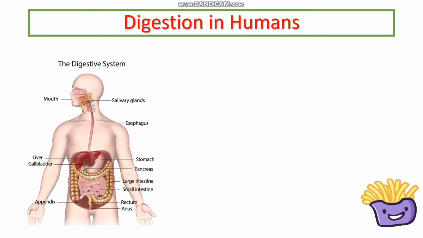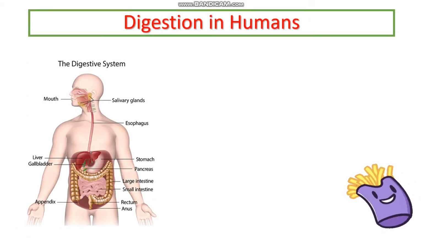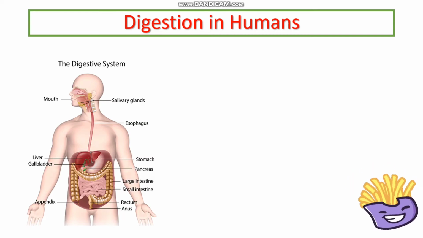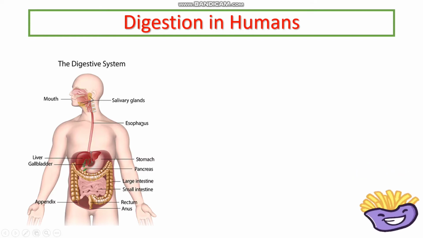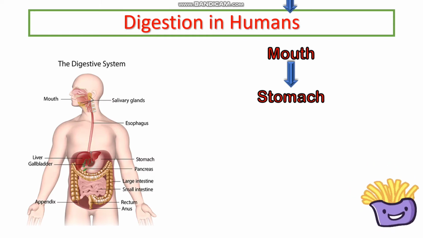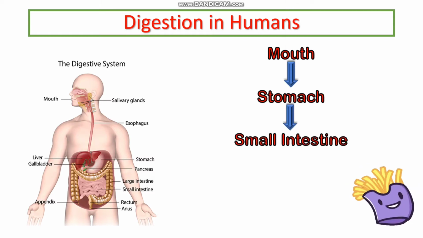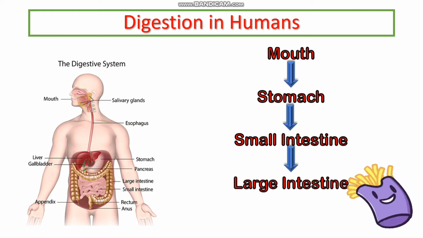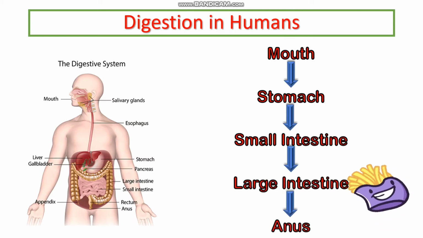First of all, this is the digestive system, and these are the parts which are involved in digestion. So what are the parts? The parts are mouth. After mouth, it goes to stomach, and after stomach it goes to small intestine, then to our large intestine, and then to the anus. So you can see the picture.